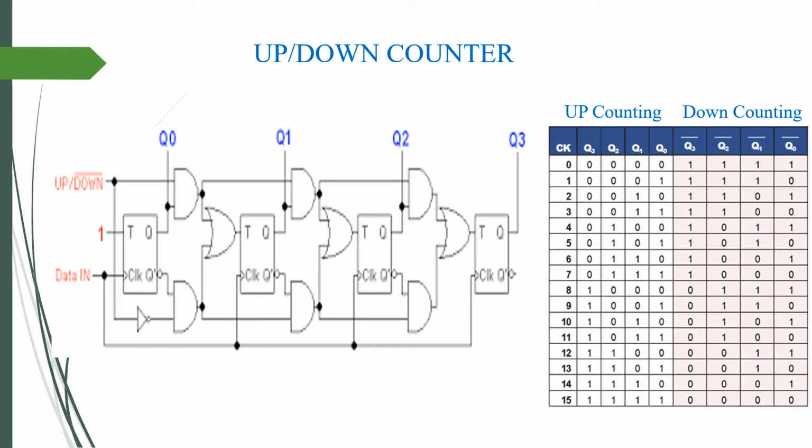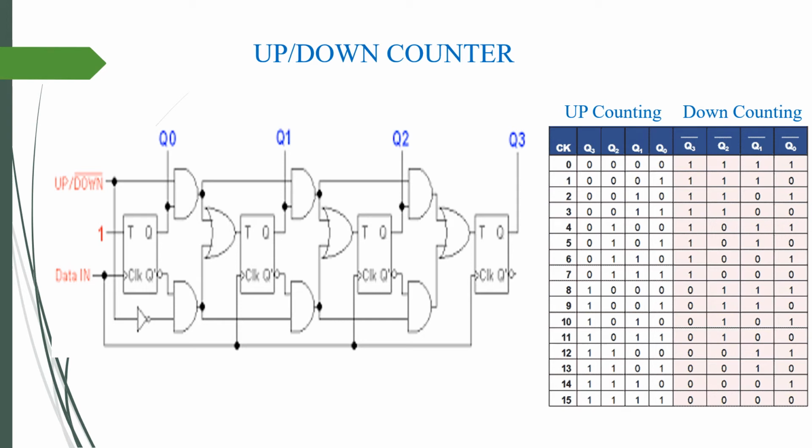Figure shows up-down counter with a control signal up/down bar. This counter can do up counting as well as down counting with the help of control signal up/down bar. When this control signal is equal to 1, the counter does up counting, and when up/down bar is equal to 0, it does down counting.